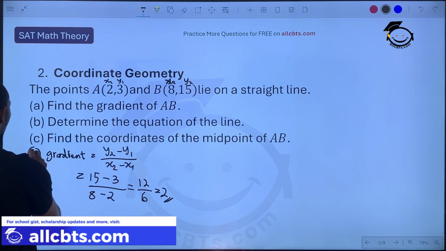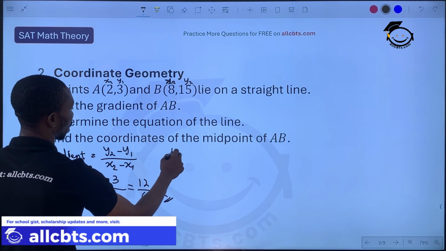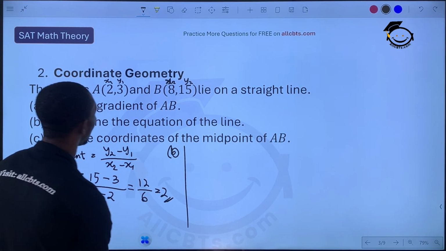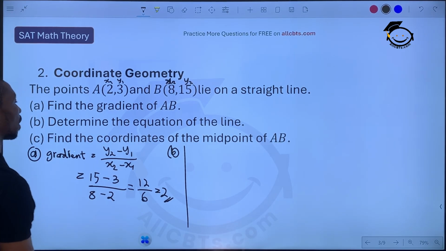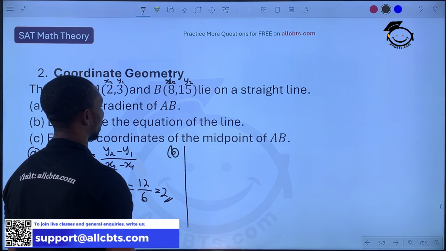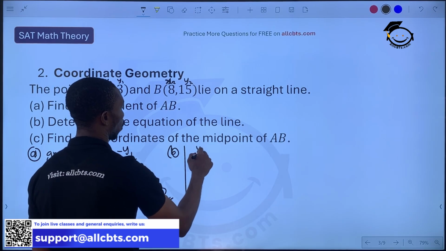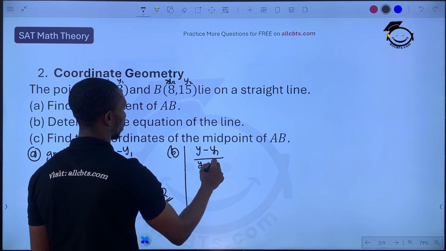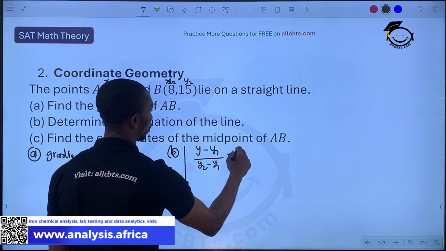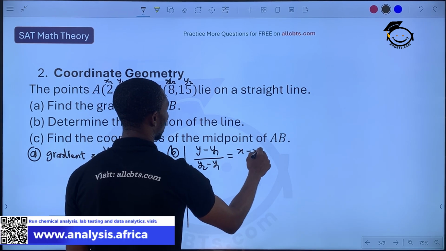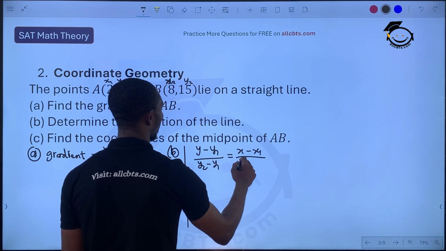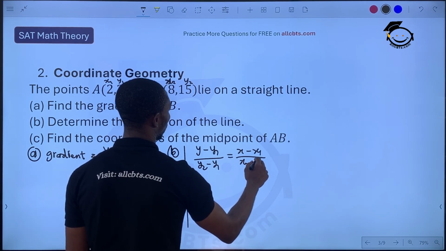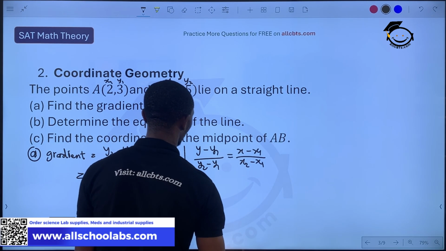Then part B says determine the equation of the line. To find the equation of the line, we have y minus y1 all over y2 minus y1 equals x minus x1 all over x2 minus x1.